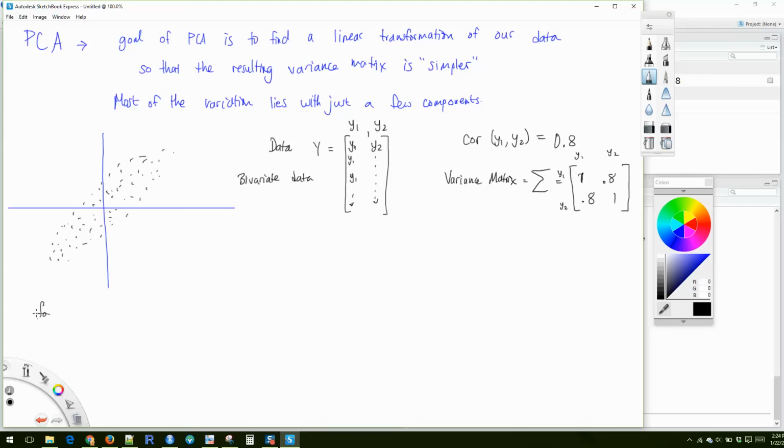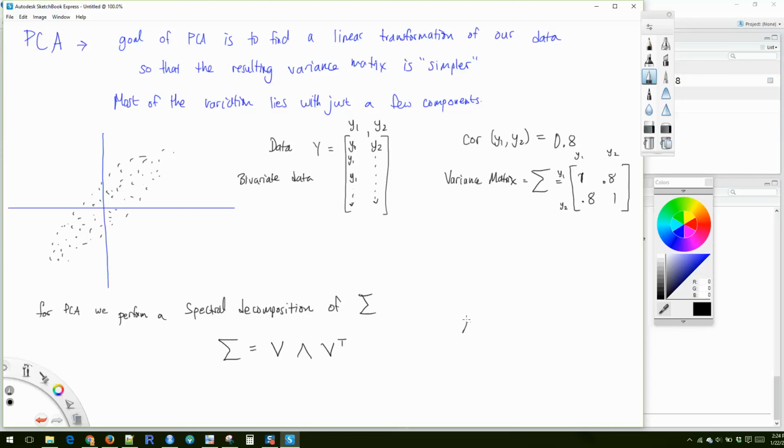And what this basically does is we turn sigma into V lambda V transpose, okay?